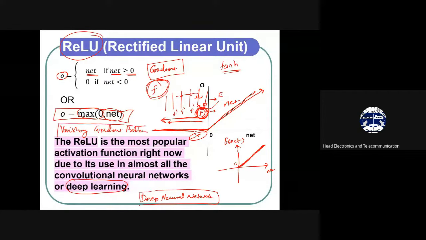So why is this activation function popular? Because it can handle this basic problem of vanishing gradient. And this was solved with ReLU, and then the convolutional neural network became very popular.